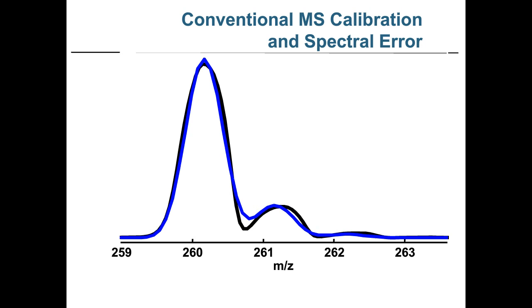It's not a defined mathematical function. So if we try to compare this isotope profile with theoretically generated isotope profiles, they tend to look similar, but they don't match up very well. This ability to match the measured and theoretical isotope patterns is what we term spectral accuracy.